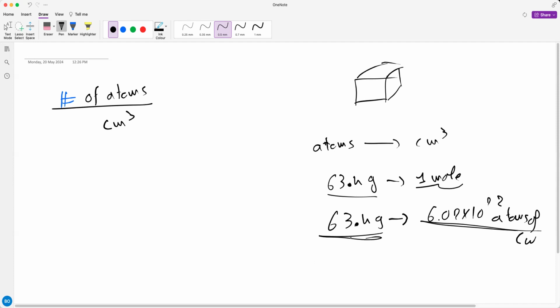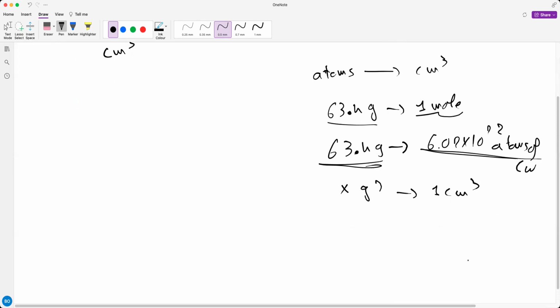So I know that this amount of atoms weighs this. But what I don't know is how many grams we have in 1 cubic centimeter. But I know that 1 cubic centimeter of copper has a mass of 8.96 grams.